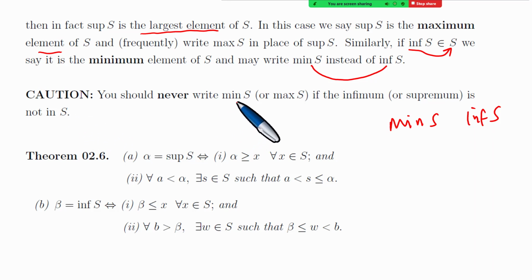You should never write minimum of S or maximum of S if the infimum or supremum is not in S.